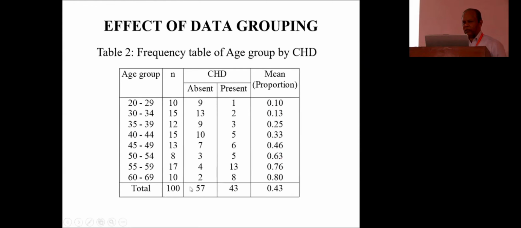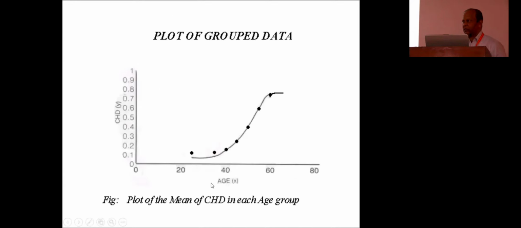But when you reorganize the data and present it, there is a sigmoidal curve. What does it say? As age increases, the probability of getting the disease increases. So many times, even though you deal with a continuous variable, which you think you can handle with regression analysis, it is very appropriate to do logistic regression analysis.